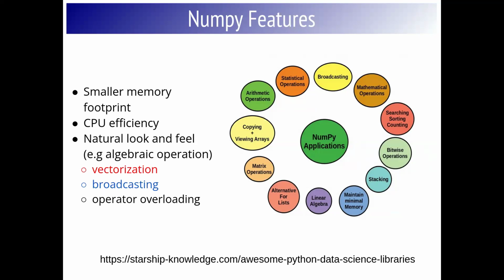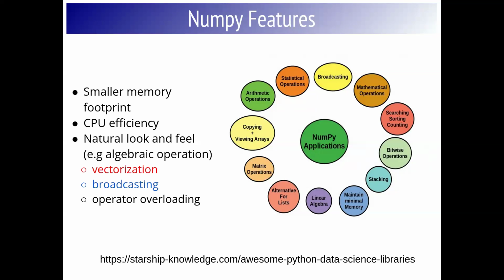Then there are two more very important concepts of NumPy. One is called vectorization, and the other is called broadcasting. These also we have to understand. I will give a very simple example of vectorization, and broadcasting is a definition, some kind of flexibility in the library.